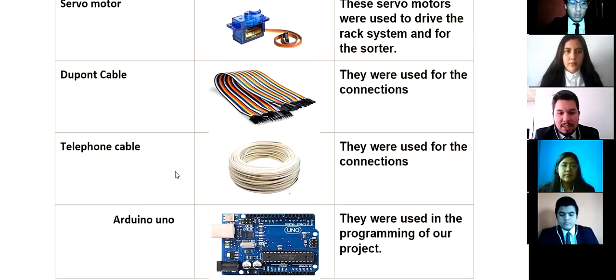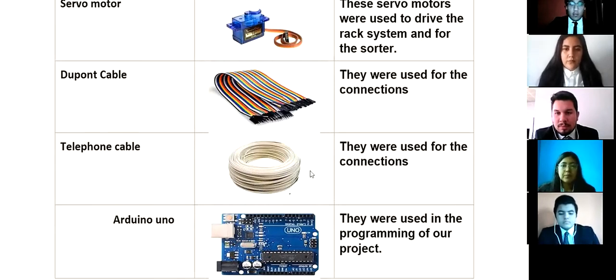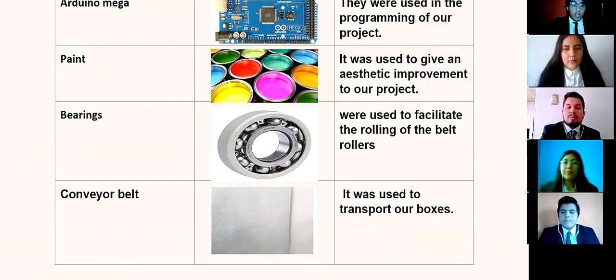DuPont cables were used in the programming of the project, and telephone cable was used for the connections. Arduino Uno and Mega were used in the programming of our project. The paint is the color of our project.